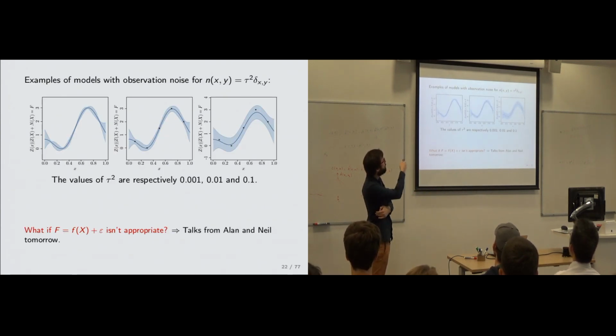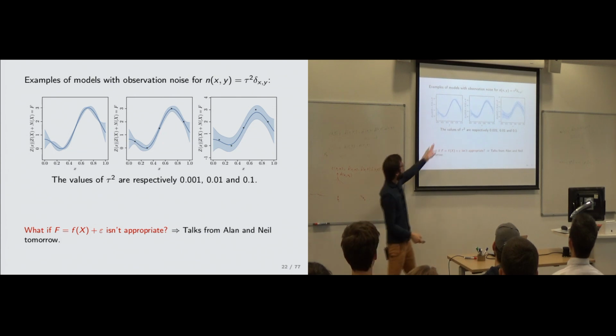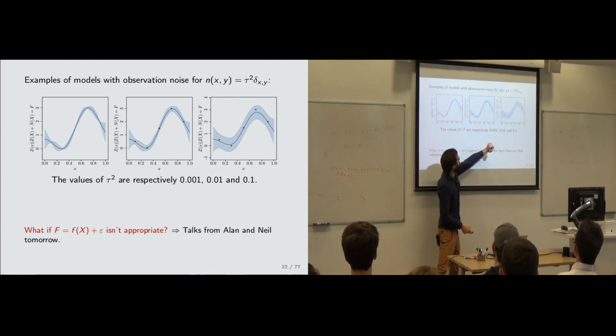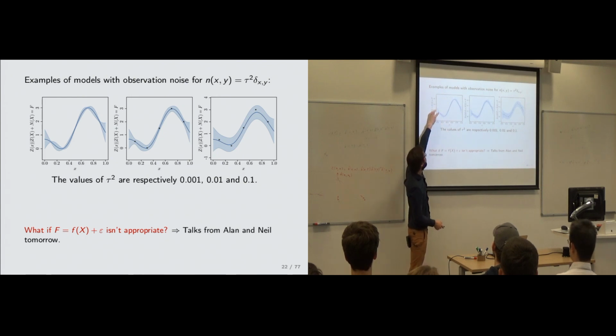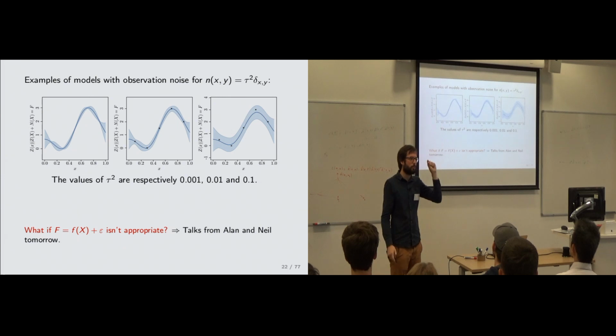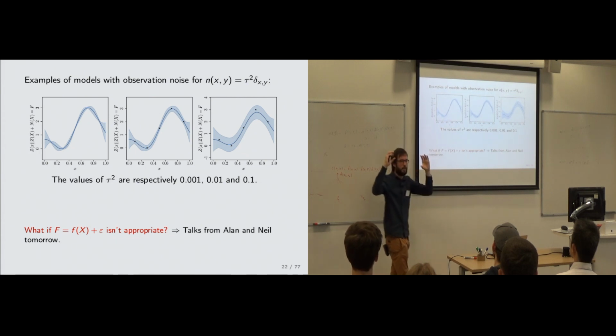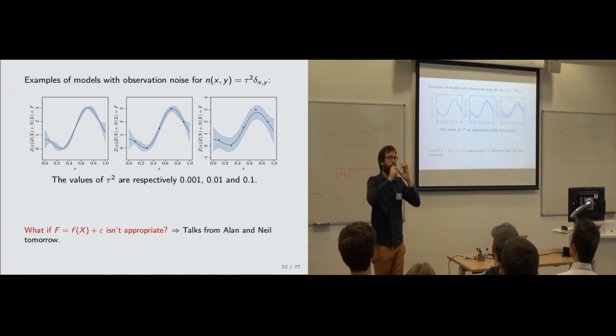So here are 3 examples of GP with uncorrelated noise with a variance tau square. So that's for very small observation noise, 0.001 for its variance. You can see that the model is not quite certain about what's happening at the observation points. I haven't plotted the observation points in here, otherwise we couldn't see the fact that the confidence intervals were not collapsing, right?